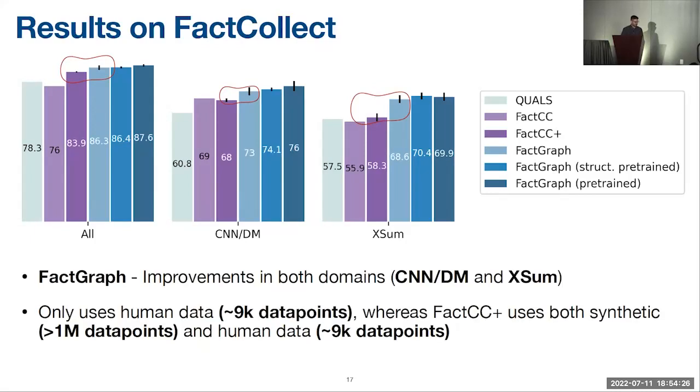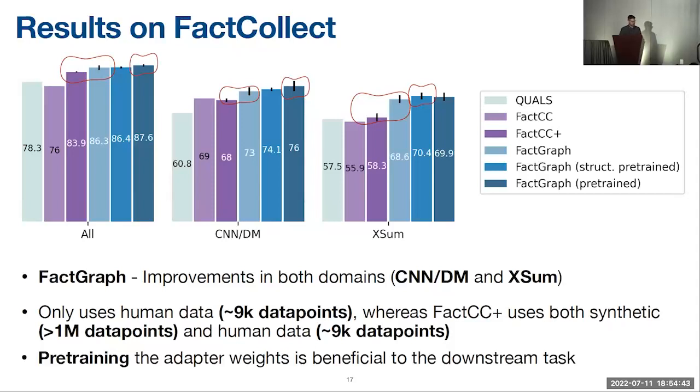We first see that FactGraph improves in both domains compared to FactCC+, for example, while we only train with human data, whereas FactCC uses both synthetic and human data in this case. We also pre-train our adapter weights using some datasets that contain semantic graph-based representations and also synthetic data, and it further improves the performance of our model.